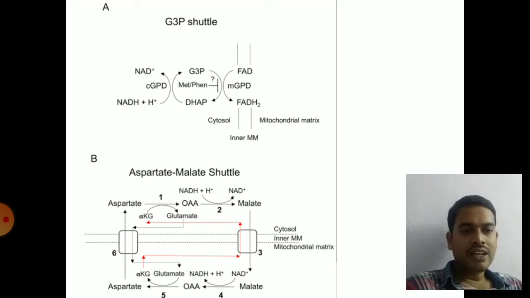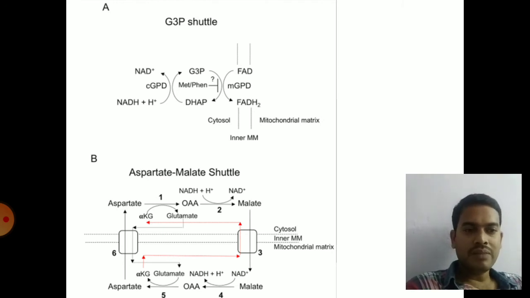So the hydrogens and electrons on NADH2 are transported instead of NADH2 into the electron transport chain, where finally oxidative phosphorylation occurs. They are transported onto the electron transport chain of the inner membrane via two shuttle systems: the glycerol 3-phosphate shuttle and the malate aspartate shuttle.